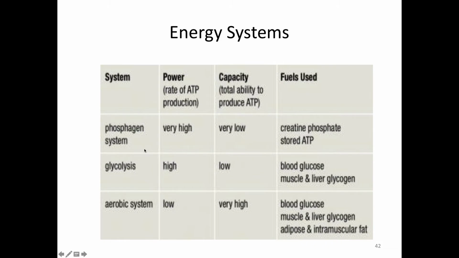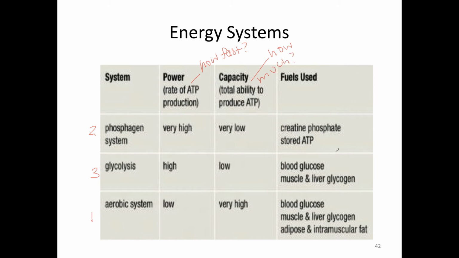So as promised, here are the energy systems, not necessarily in order. In the previous slide, we saw this was 1, this is 2, and this is 3. The aerobic system has a low rate of ATP production, so this one is how fast. Capacity refers to how much ATP is produced.